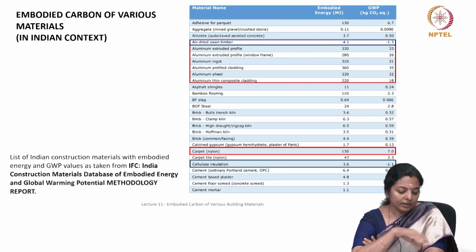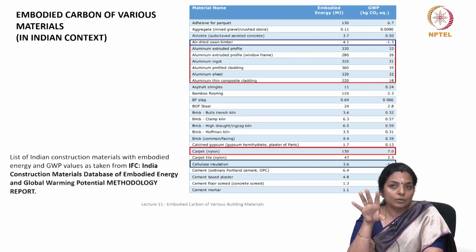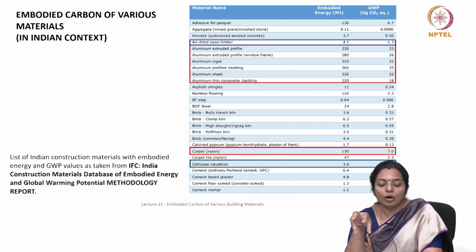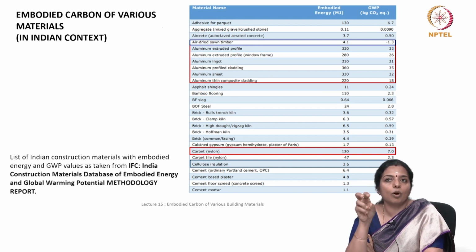Here we look at the embodied carbon of various building materials in the Indian context along with its global warming potential. Now, the global warming potential was developed to allow comparisons of global warming impacts of different gases.